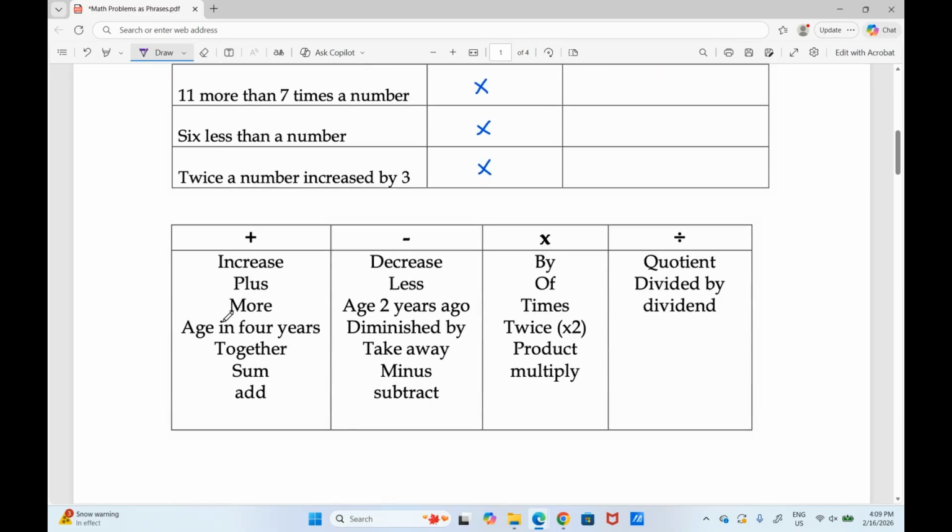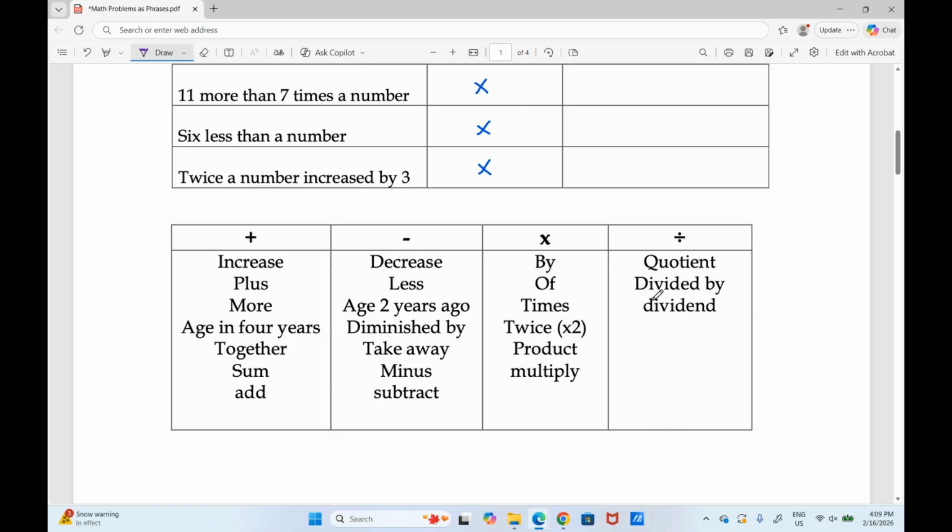So here I have some common phrases for addition: increase, plus, more, age in X amount of years, together, sum, or add. Common phrases for subtraction are decrease, less, age X years ago, diminished by, take away, minus, or subtract. Phrases for multiplication are by, or times, twice, the product, multiply.